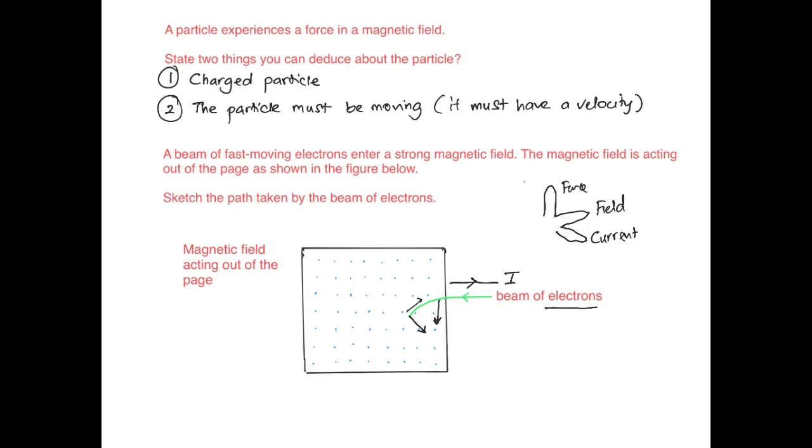And you will end up having the beam of electrons actually moving in something like a circular path, right? It will actually make a circular path. And this will be the motion or the path taken by the beam of electrons inside the magnetic field. I hope this makes it clear.